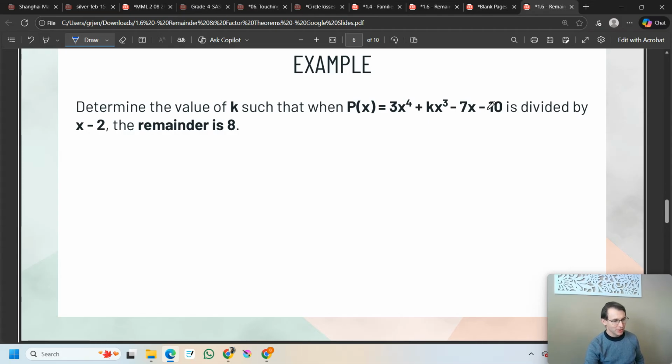Let's keep going. So let's find the remainder here. We're told that the remainder is 8 and that we're dividing by x minus 2. And we want to find this value k that would make that the case.